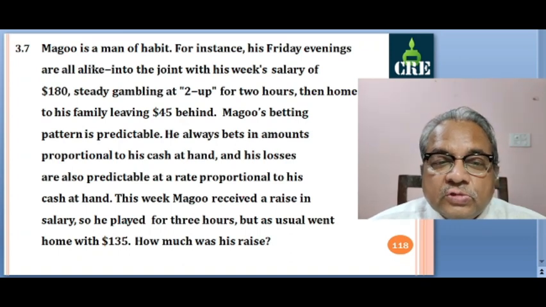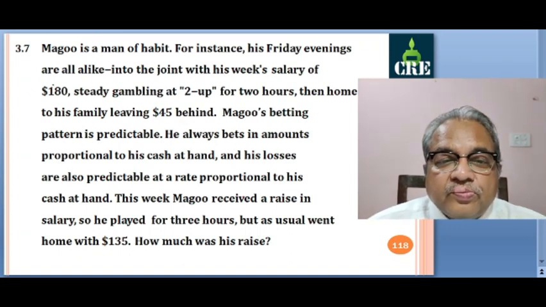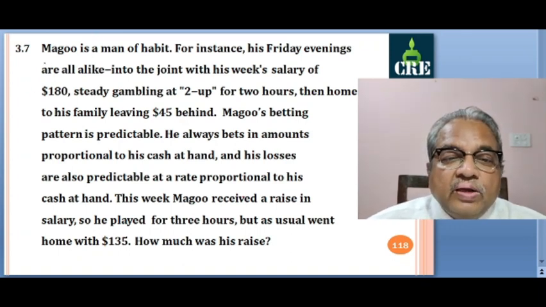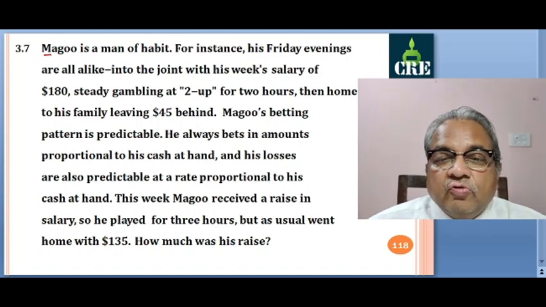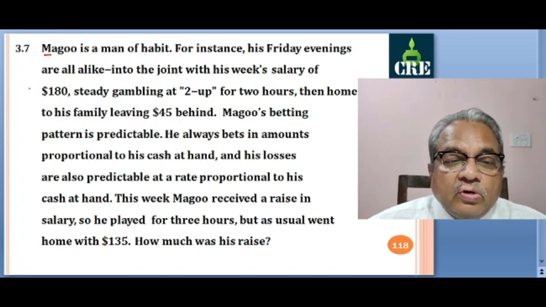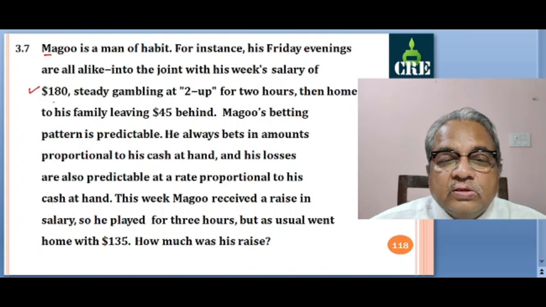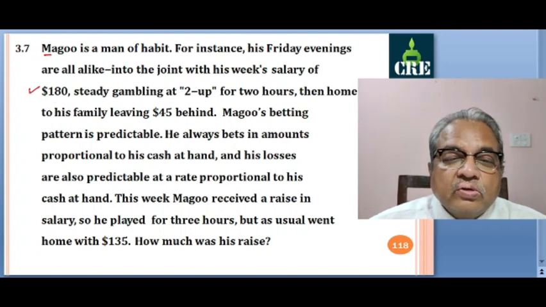Next problem. This is a problem on gambling habit. So this man named Magoo is a man of habit. For instance, his Friday evenings are all alike, predictable. Into the joint with this week's salary of $180, you can say rupees 180, whatever.